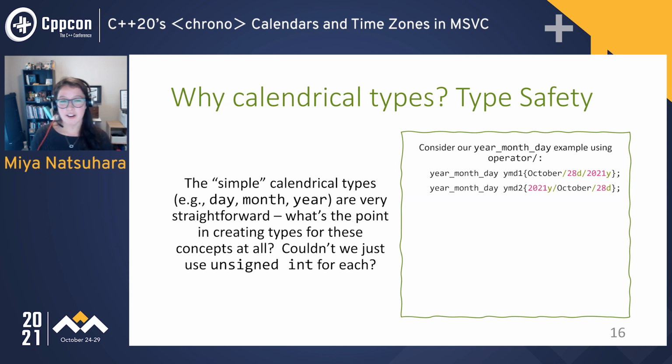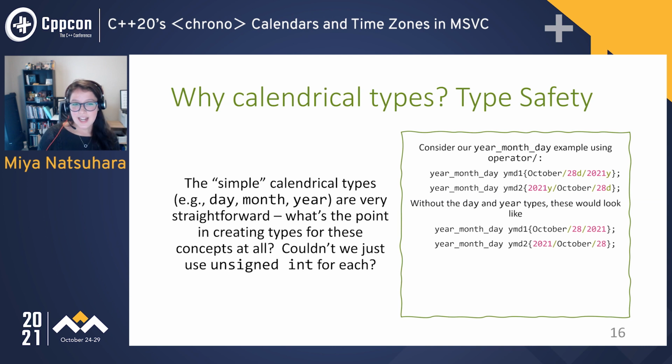So thinking about our example from before, when we were using the first example of those operator slash overloads, if I didn't have the day and year types, we would just have those plain ints, so 28 and 2021. And maybe we don't even have October as a convenience typedef. We're just throwing in 10, 28, and 2021 here. You can imagine if we're trying to move these things around and work with them, maybe they're all smushed together. Maybe they're completely separate ints that are moving around. It would be very easy to accidentally treat the month as the day or the day as the month or something like that.